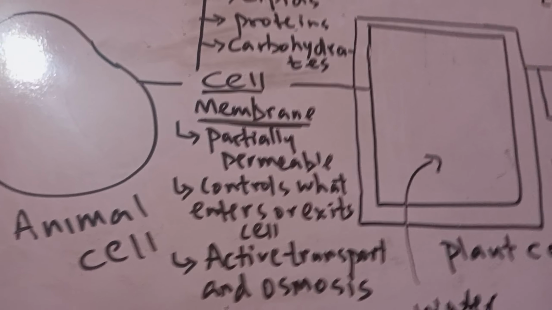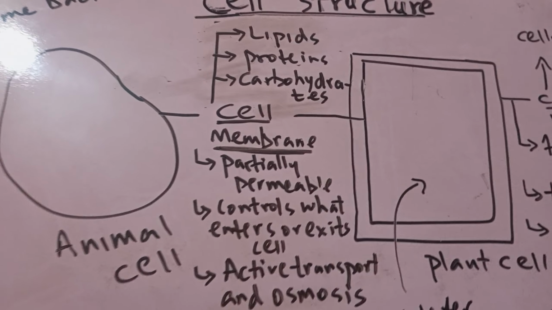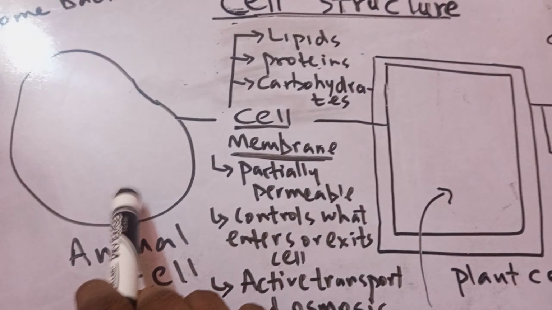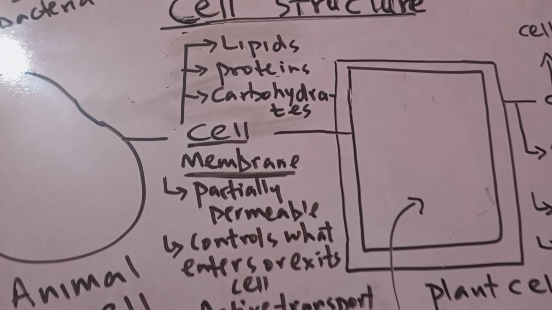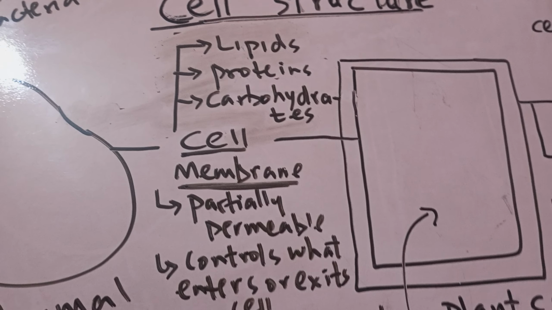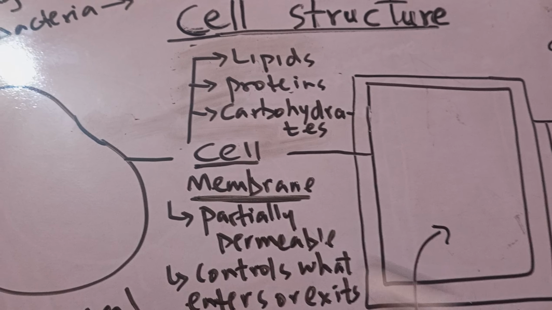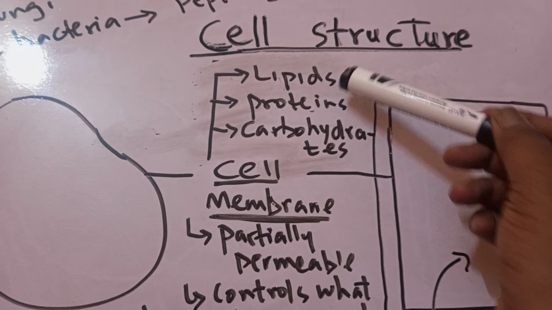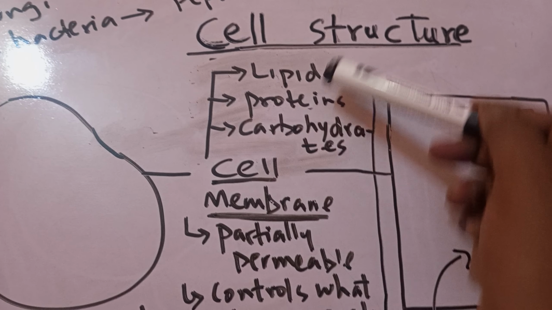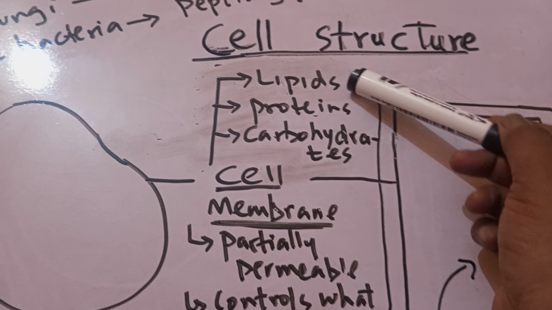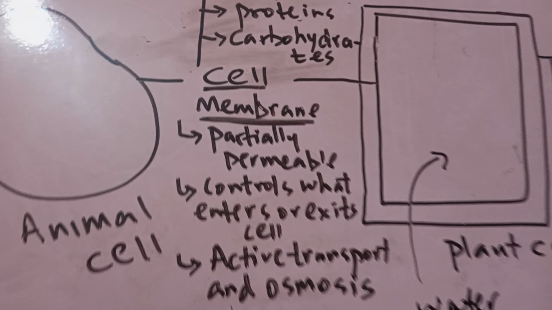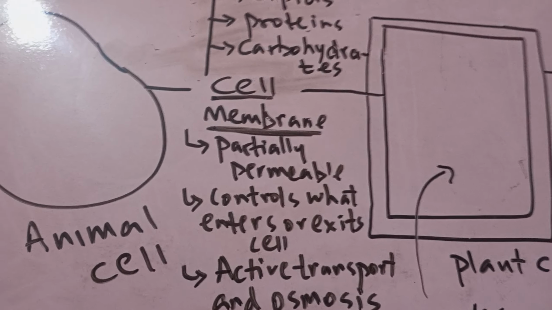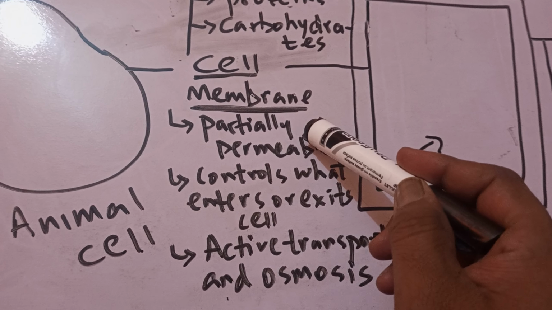Now we will discuss the cell membrane, which is the only boundary in the animal cell and the second one in the case of the plant cell. As far as the chemical composition of the cell membrane is concerned, it is made up of three chemical substances. It is a mixture of three chemicals: lipids, proteins, and carbohydrates. As far as the functions of the cell membrane are concerned, the cell membrane is partially permeable.